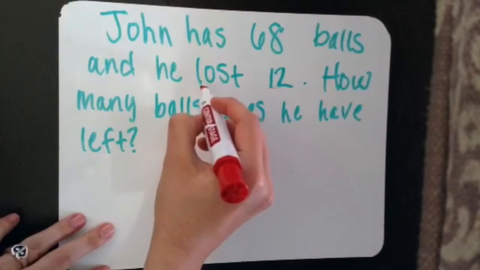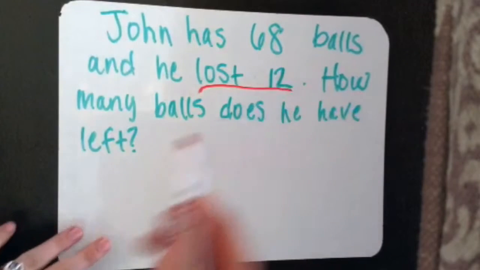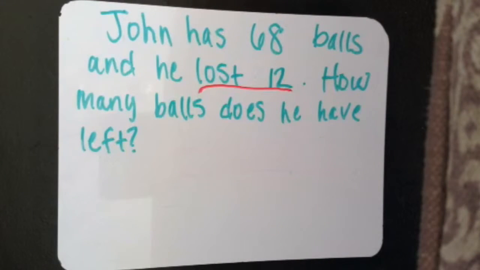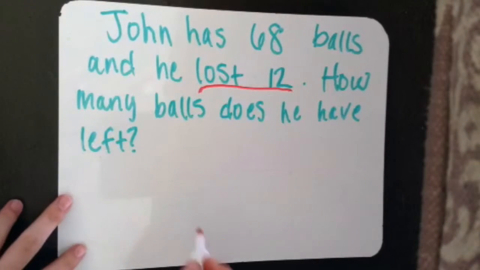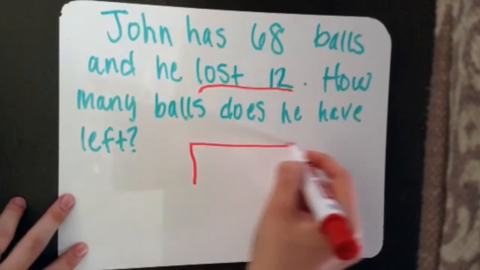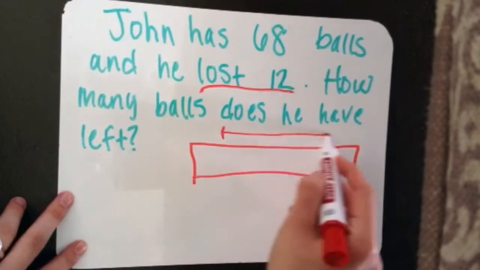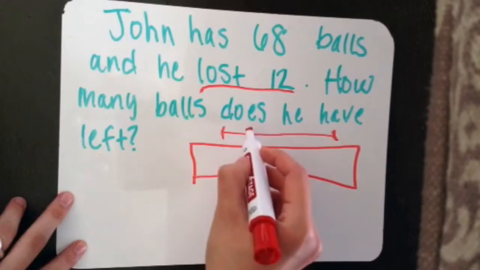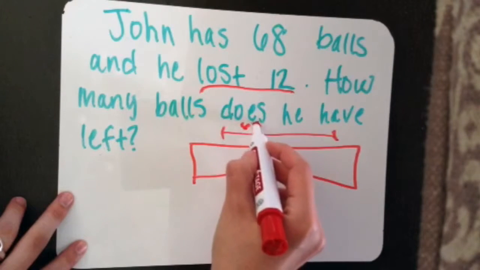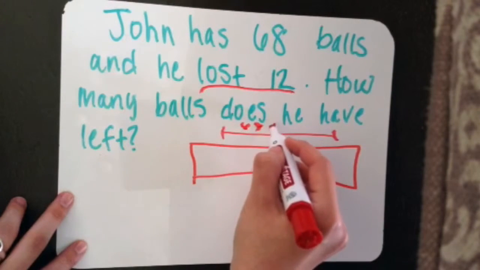Here's our keyword. He lost 12. In order to solve this problem, we will use the strip diagram. He starts with 68 balls.